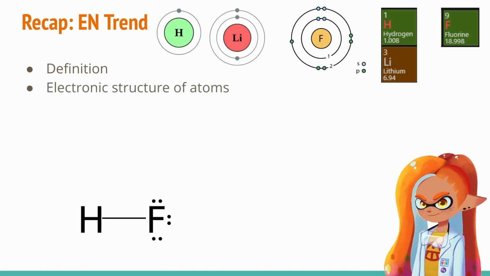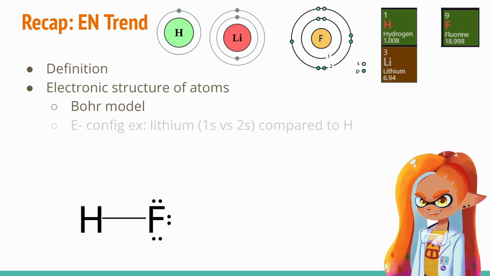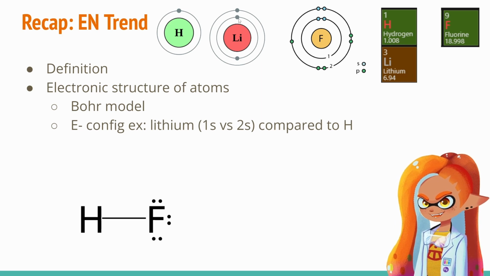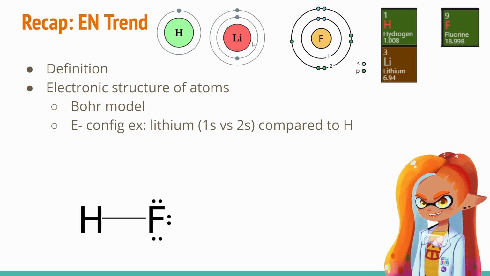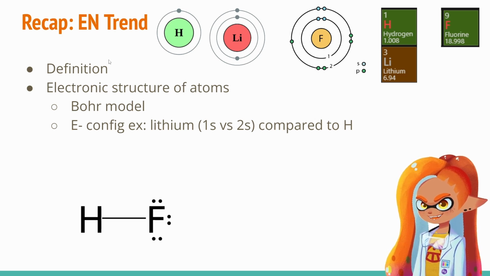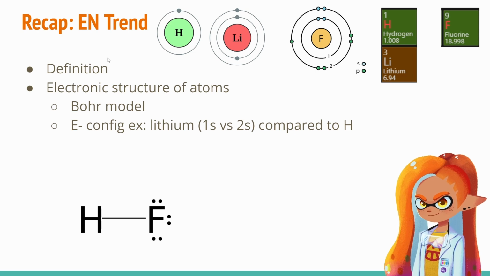And so we can talk about the electronic structure of atoms. The Bohr models, like you can see here and here, highlight the distance of valence electrons to the nuclei. So for example, we have lithium. We have the 1s here and then the 2s here. And we can compare that to hydrogen, which only has a 1s. When we think of Coulomb's law, we can think about how the distance between the nucleus with a proton versus the valence electrons matters.